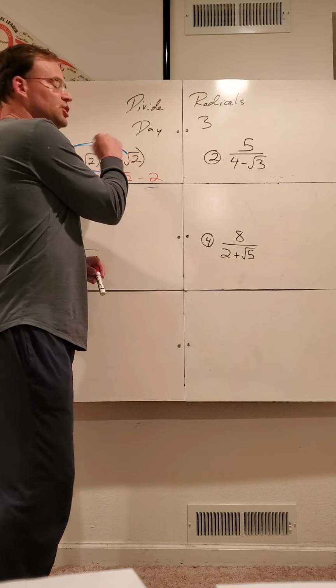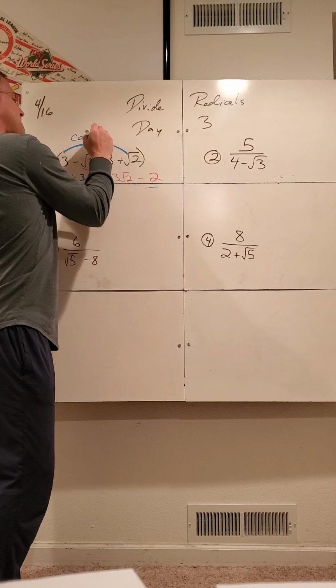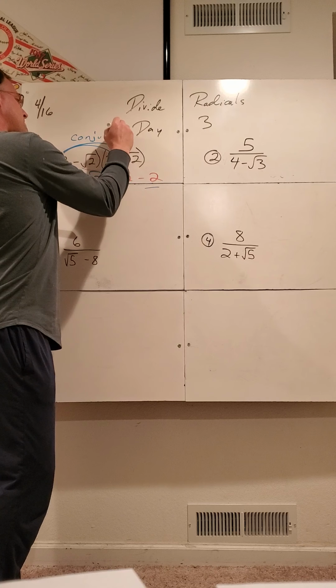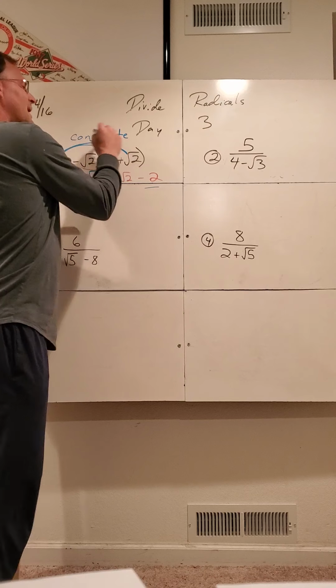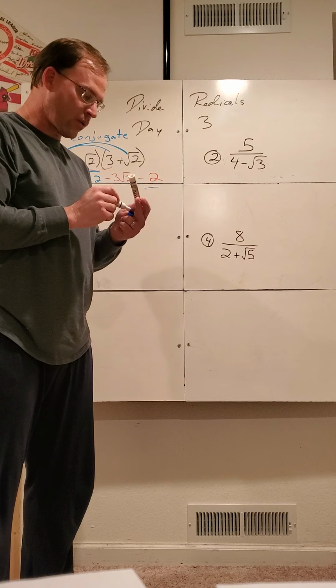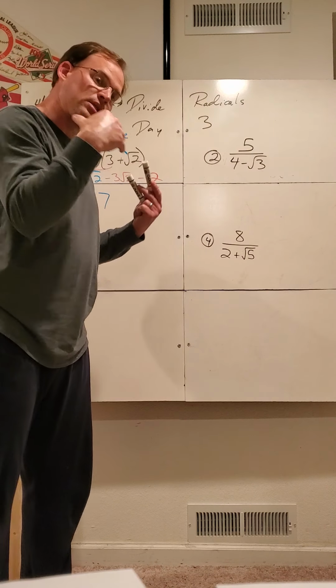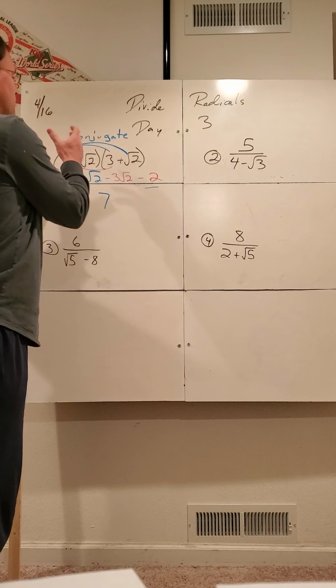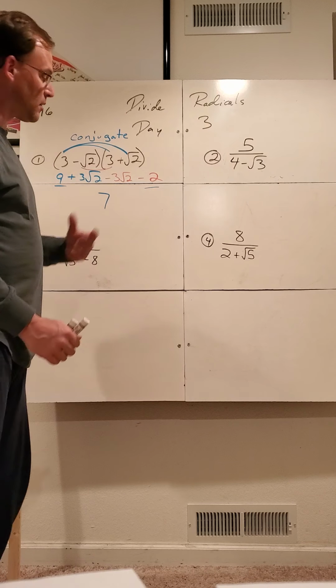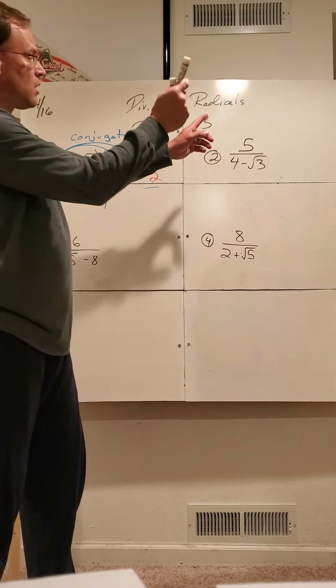This relationship right here, again, we touched on it last week, is called a conjugate. So we're going to use conjugates to our advantage, where we multiply things that have radicals in them, get a whole number answer.